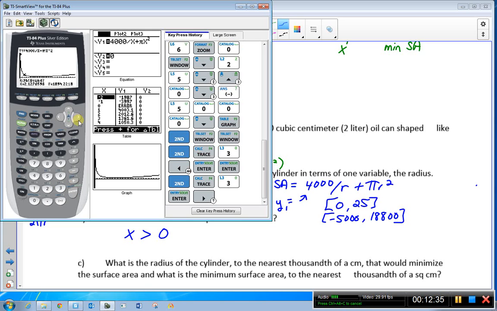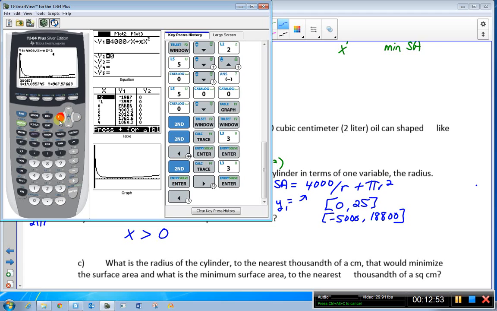Good. Okay, there we go. So my minimum is 8.6025, and the surface area that would minimize that. What's the minimum surface area? Would be 697.468.